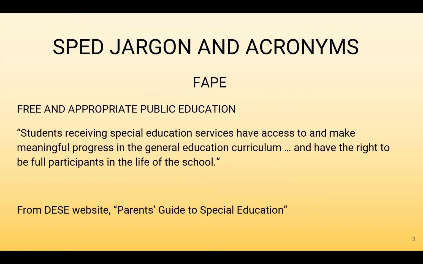The first term that's really important is FAPE. It stands for Free and Appropriate Public Education, and it's one of the cornerstones of special ed law. The definition you have up there is from the DESE website, from a little pamphlet called Parents Guide to Special Education, and this is something that's really, really useful to download and to look at.